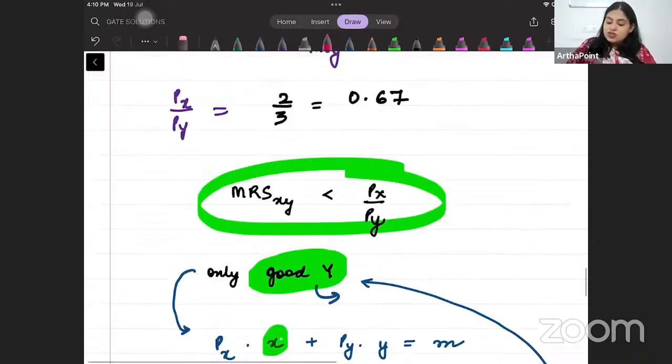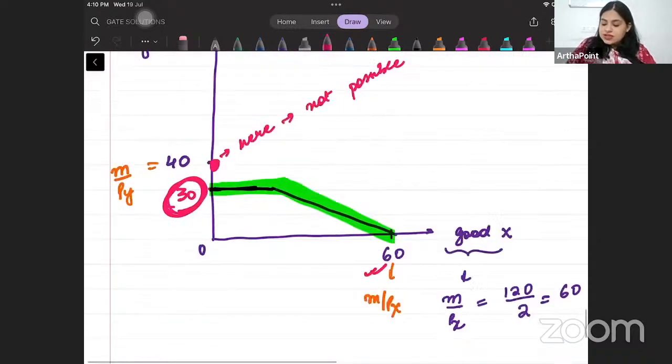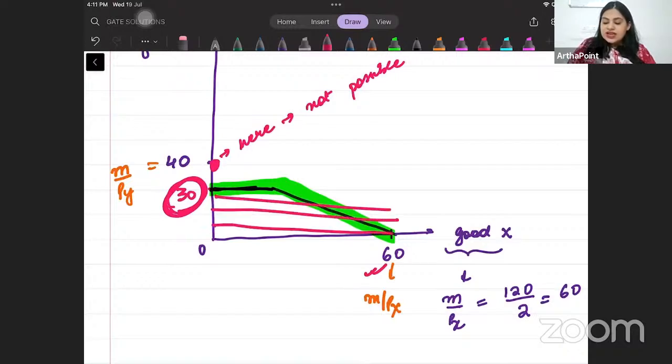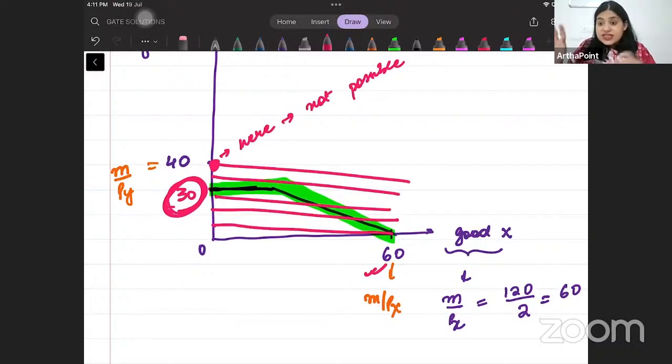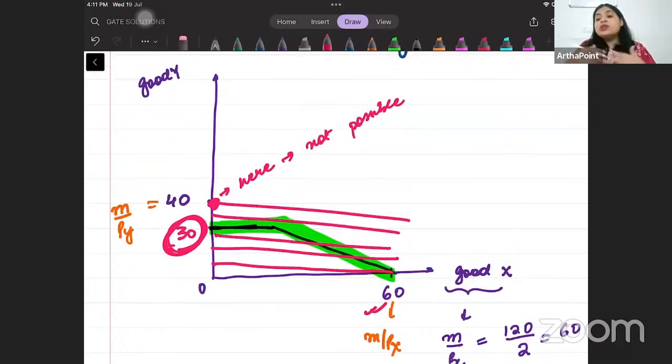My ICs are much flatter, so my IC is like this. This is the highest IC I could have reached, but because of the constraint, 40 units are not available. 30 is the maximum available. So my equilibrium diagrammatically will lie here.